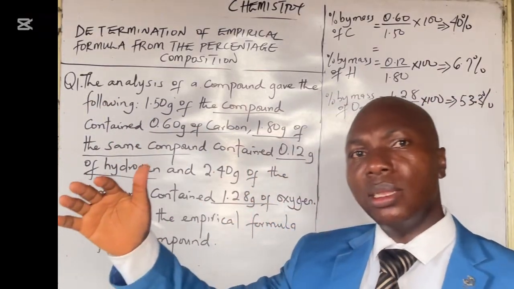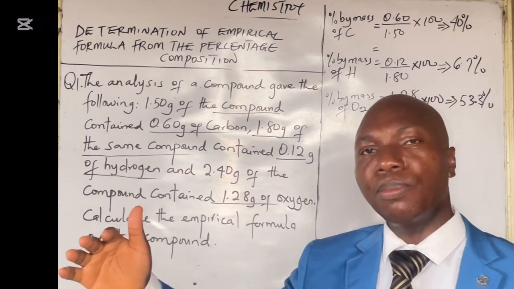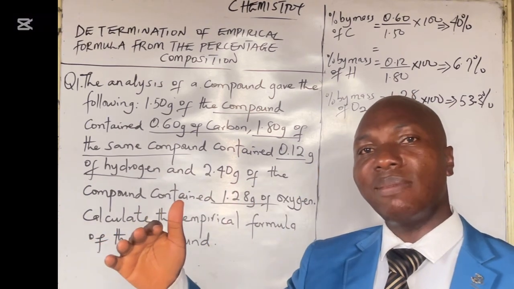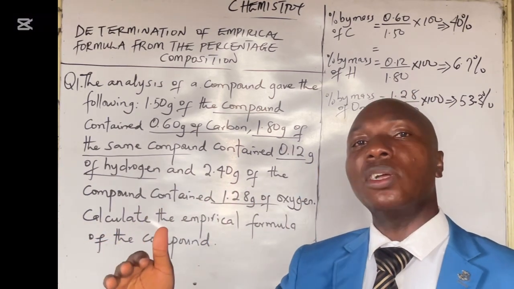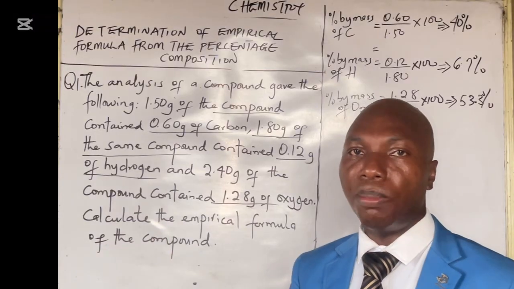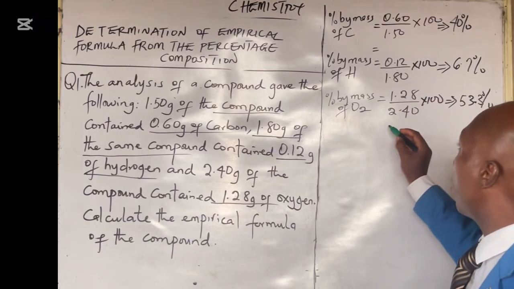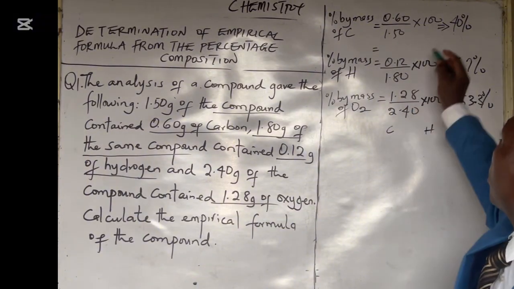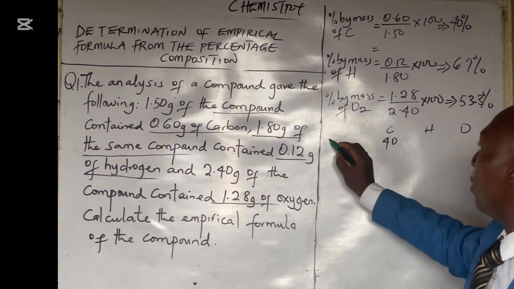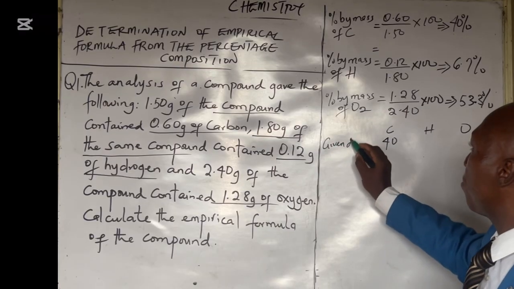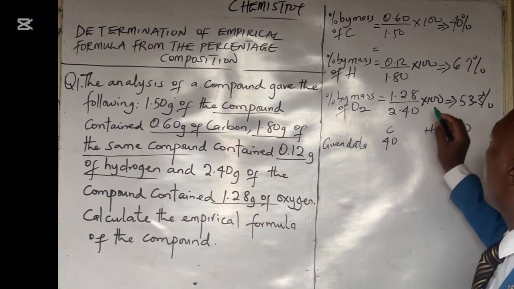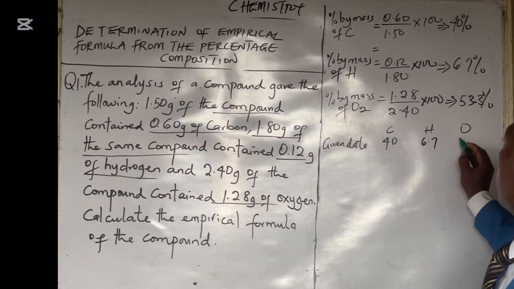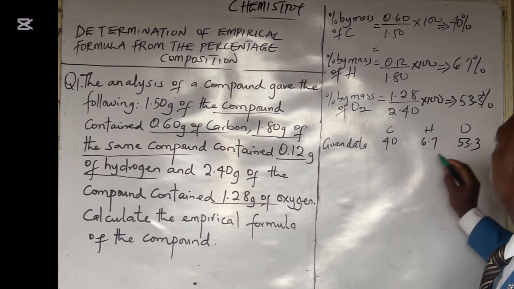The steps are the given data, followed by division by the relative atomic mass, followed by division by the smallest. That will give you the empirical formula. So we set up our work: carbon, hydrogen, oxygen. Carbon is 40, that's the given data. Hydrogen is 6.7. Oxygen is 53.3.